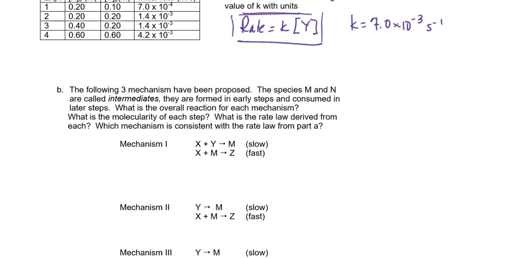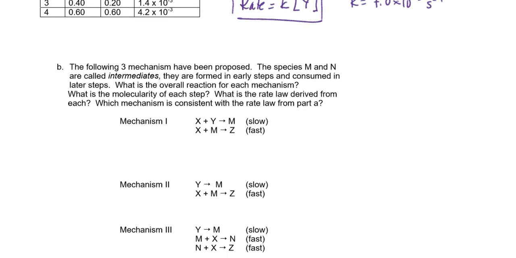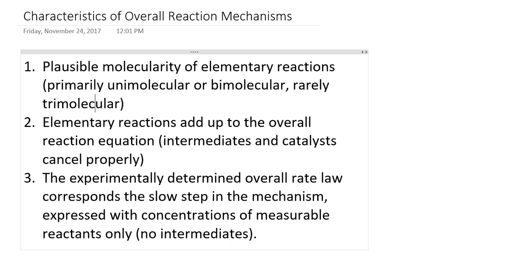When it comes to evaluating reaction mechanisms, you have to keep certain things in mind, and I've listed them out for you here on this slide. First off, the molecularity of the elementary steps should be reasonable, and what that means is primarily you're going to see unimolecular steps and bimolecular steps.